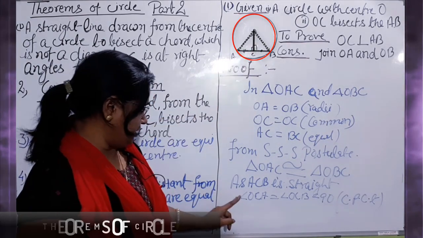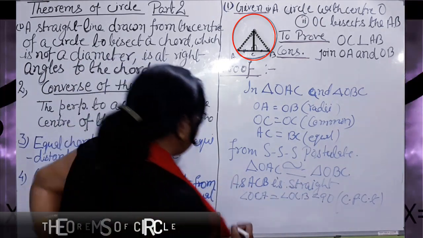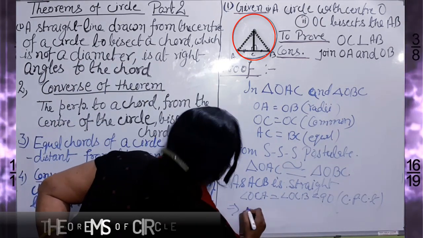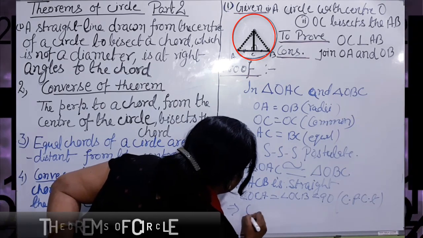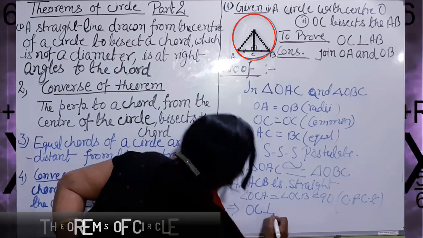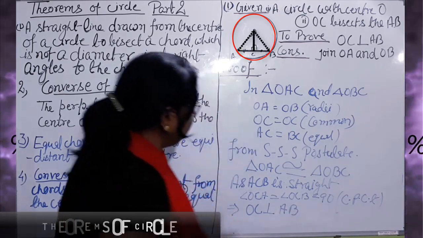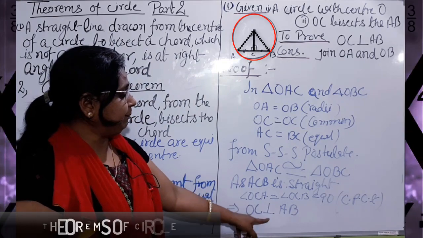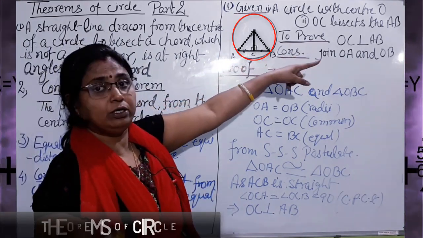Both angles are equal and each is 90 degrees, so we can write OC is perpendicular to AB. That was to prove: OC perpendicular to AB.